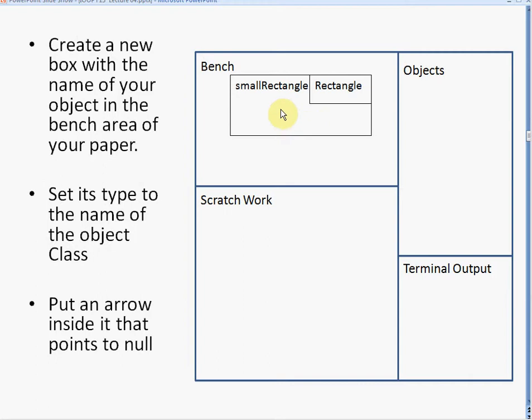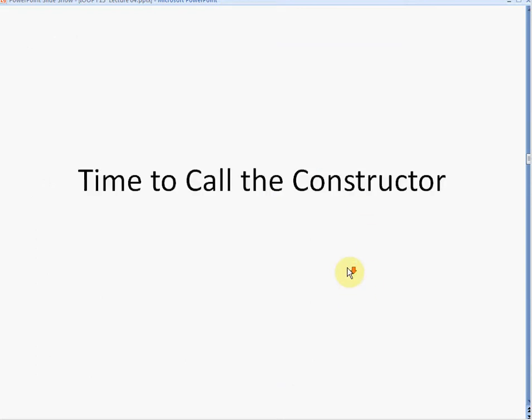The last step here is you want to put an arrow in here that points to null, because right now this is a box that's going to point to our object eventually, but our object isn't built yet. Right now we haven't built a new object in here, so we need to put the object together using the constructor method, and then we'll point this arrow at the object.